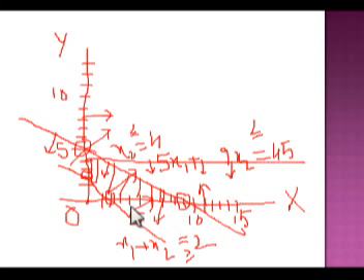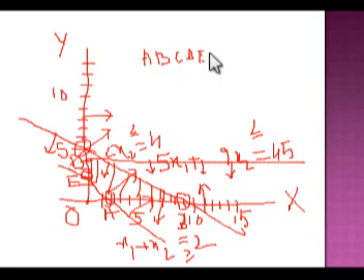I'm now marking it A, B, C, D, E, and A. A B C D E A will be the feasible solution space.